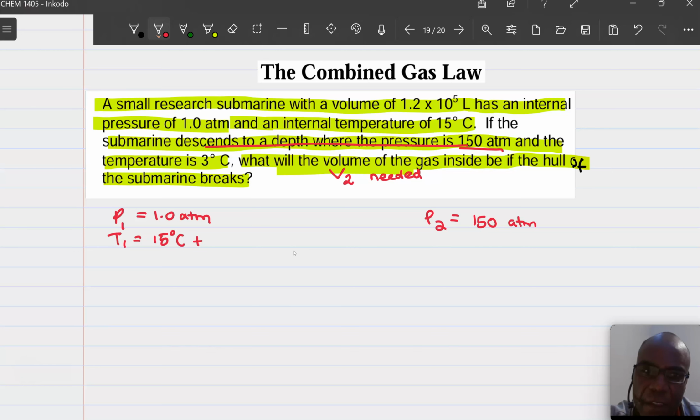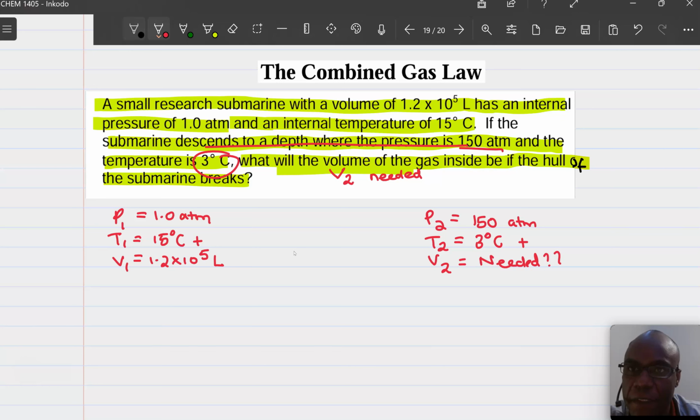We'll convert that to Kelvin. T2 is given as 3 degrees Celsius. It's right there. We need to convert that to Kelvin. V1 is given as 1.2 times 10 to the power 5 liters. That's the volume initial. And the final volume is what we need. We need to calculate that.